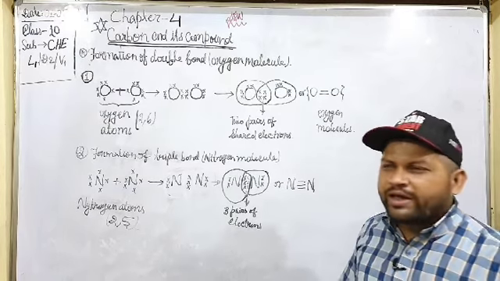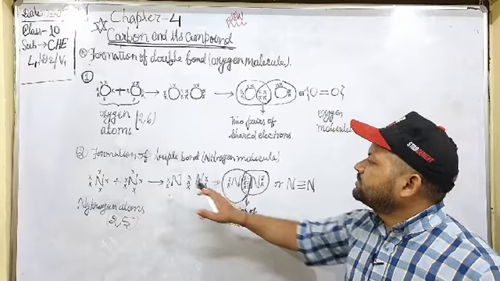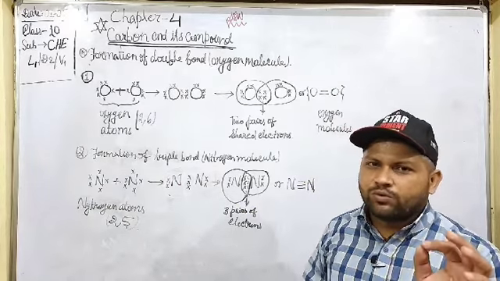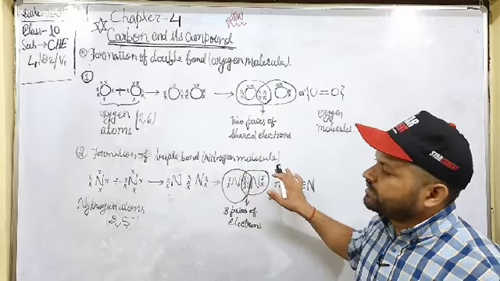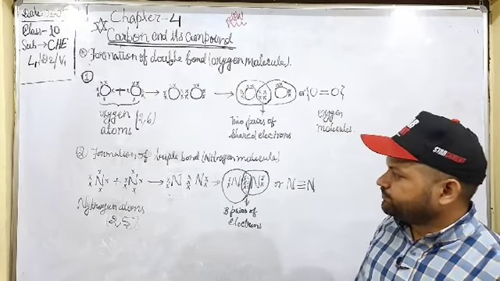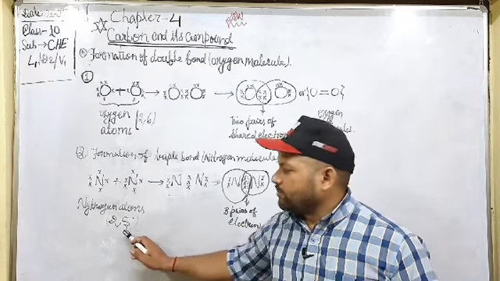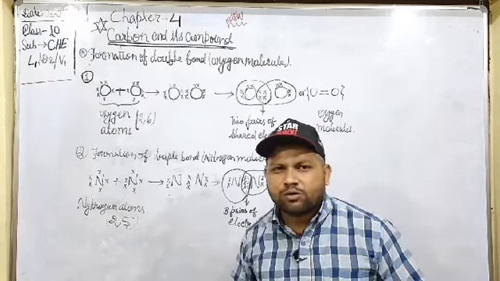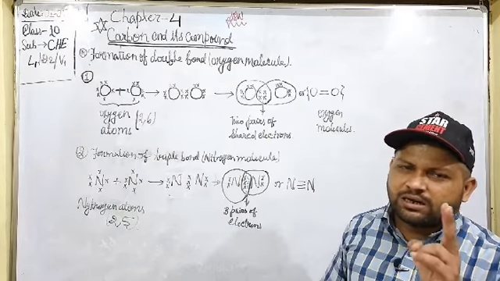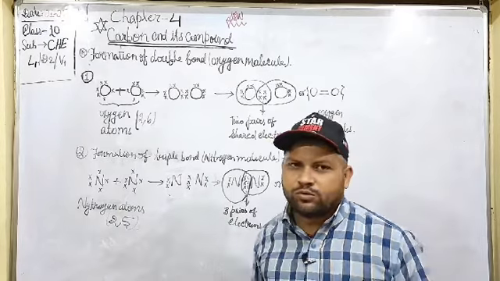Now look at how the formation of triple bond takes place. For it, we are going to explain the formation of nitrogen molecules, how the nitrogen molecules are formed. Look at the orbital configuration of nitrogen. In the first orbit there are 2 electrons, and in the last orbit there are 5 electrons.